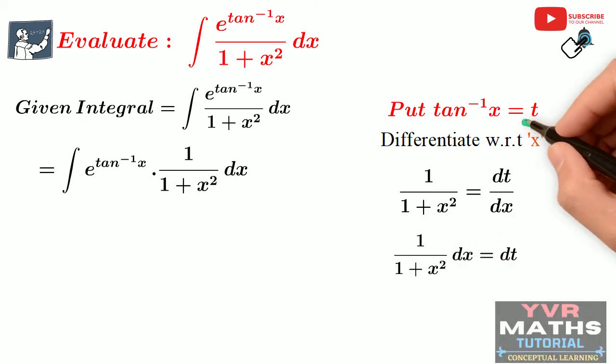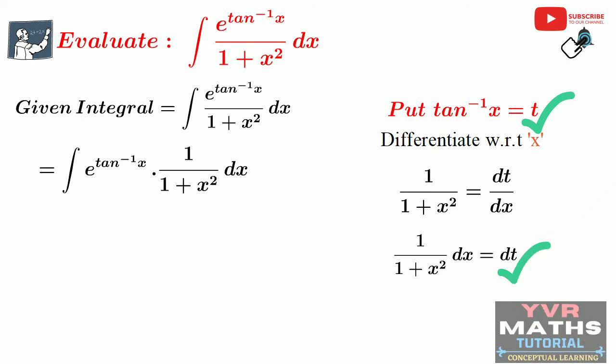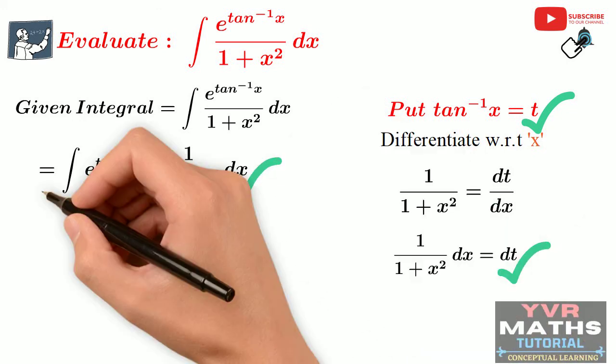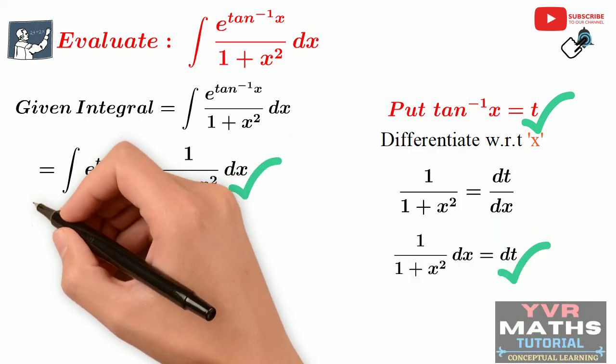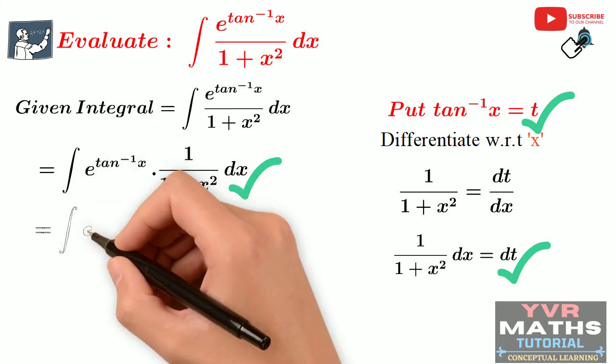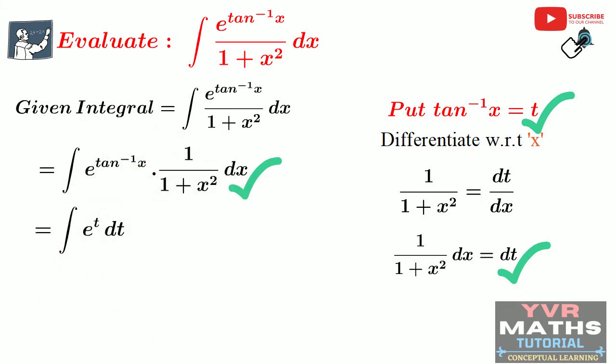Now we can substitute this equation and this equation in the given integral. Then what will we get as the new step? See here, integral of e power t into dt. Why? Because here tan inverse x is t and 1 by 1 plus x² dx is dt.